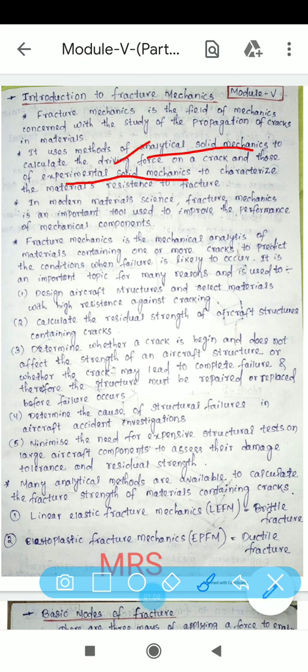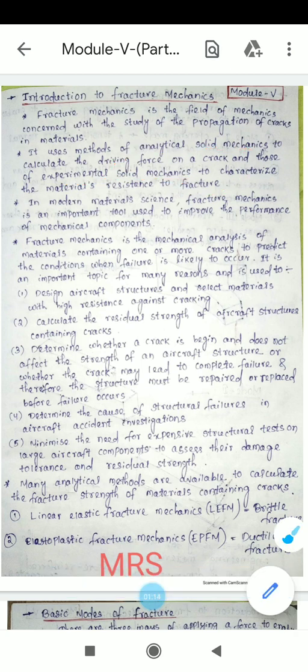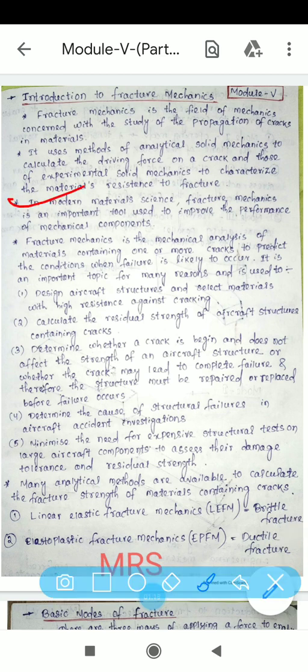In experimental solid mechanics, you have to calculate the material resistance to fracture. In modern material science, fracture mechanics is an important tool used to improve the performance of mechanical components.